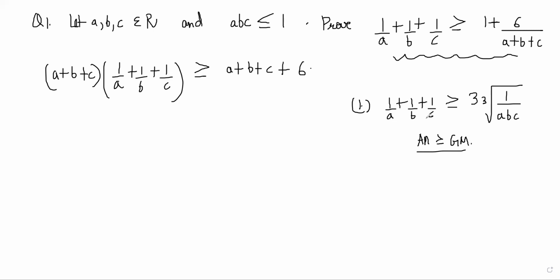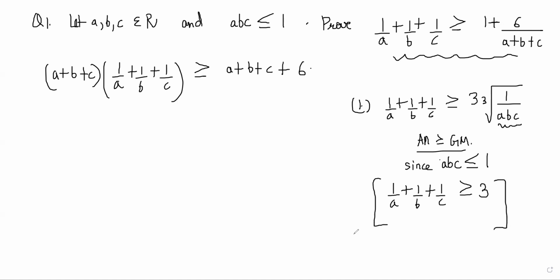And therefore now, since abc is less than equal to 1, we can say that 1 by a plus 1 by b plus 1 by c is greater than equal to 3. Why? Because abc less than 1 means this number will become greater than 1, right? So we have this inequality directly, right?